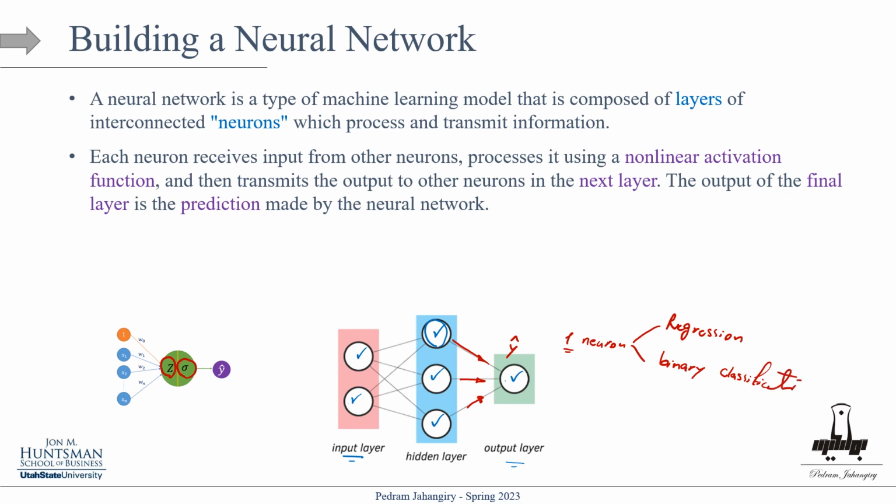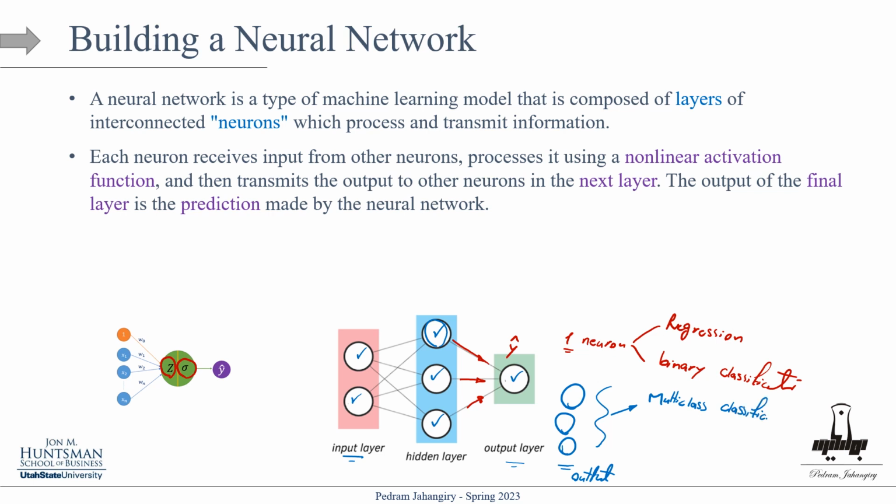Then if the output is multiple neurons, so for example, 2 neurons or 3 neurons in the output layer, then we can have multi-class classification.